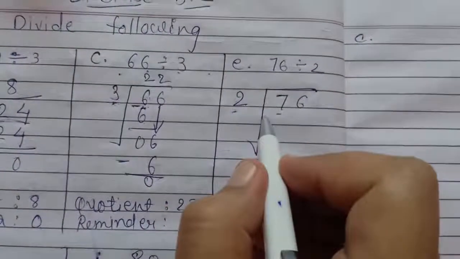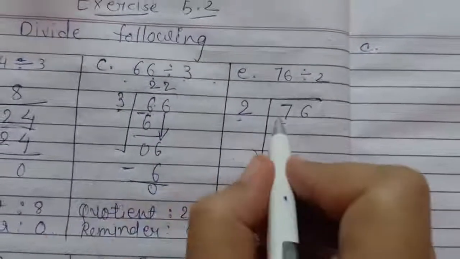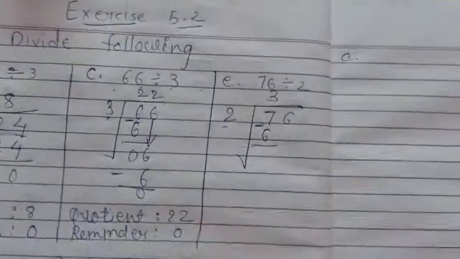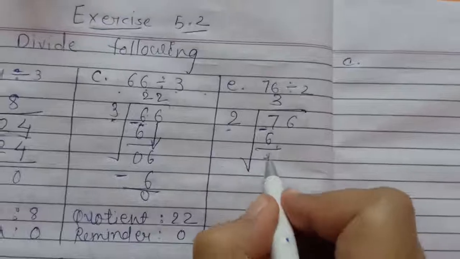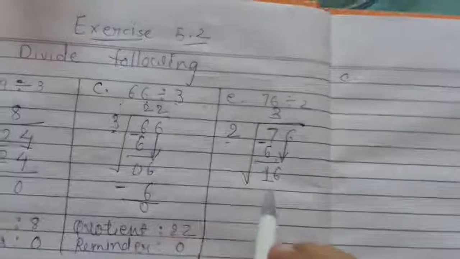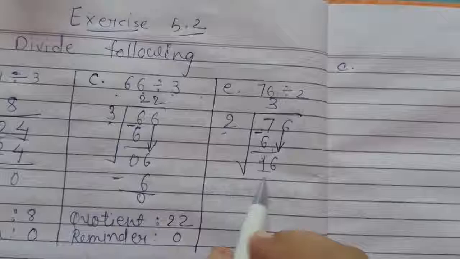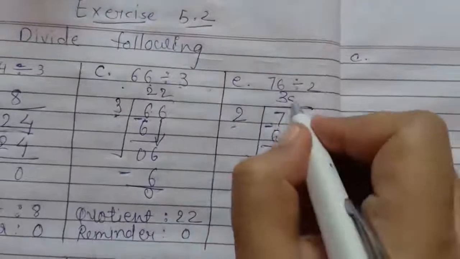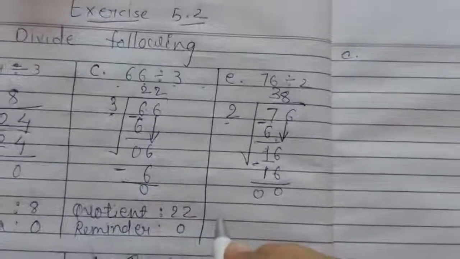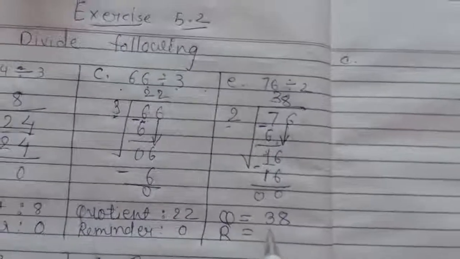So 2 1s are 2, 2 2s are 4, 2 3s are 6, 2 4s are 8. 8 is larger than the 7, so you have to take 2 3s are 6. 7 minus 6, 1. Bring down 6. So here is 16. 2 5s are 10, 2 6s are 12, 2 7s are 14, 2 8s are 16. Subtract 0, 0. So what is the quotient? That is 38. And what is the remainder? That is 0.